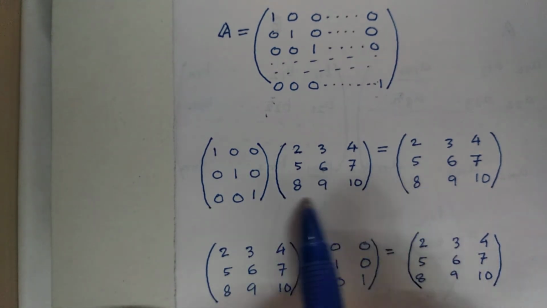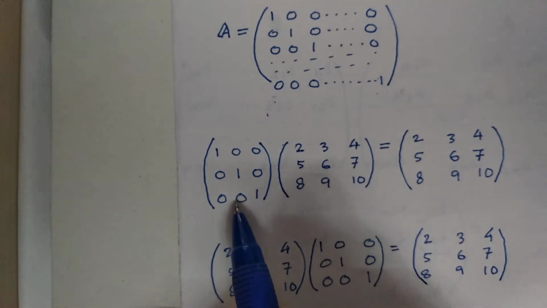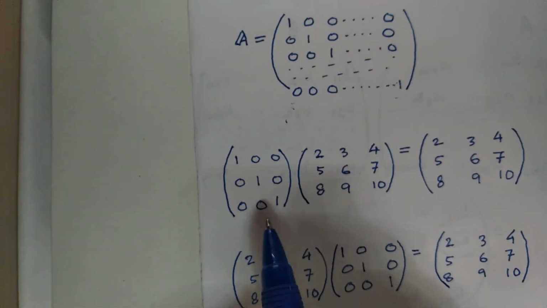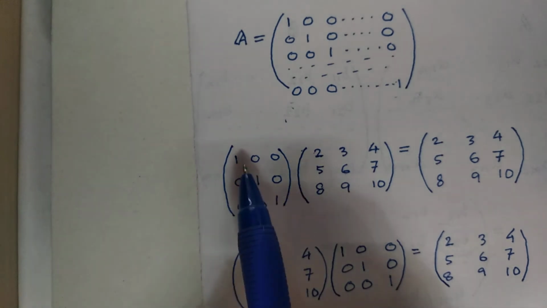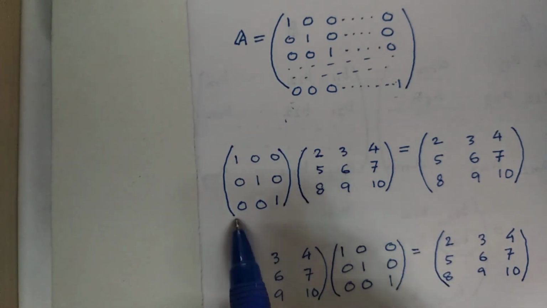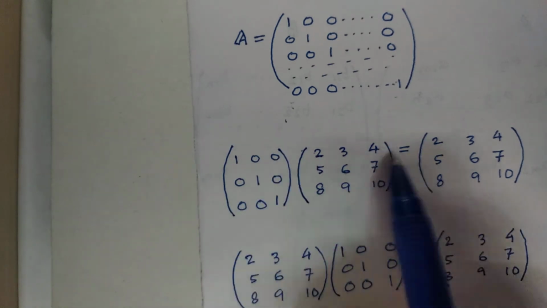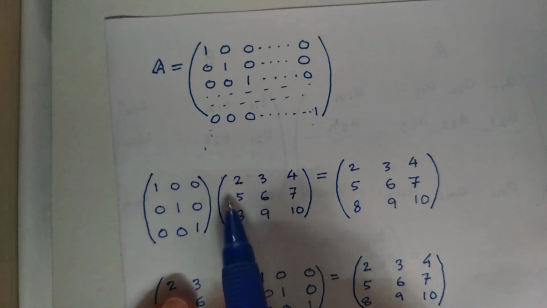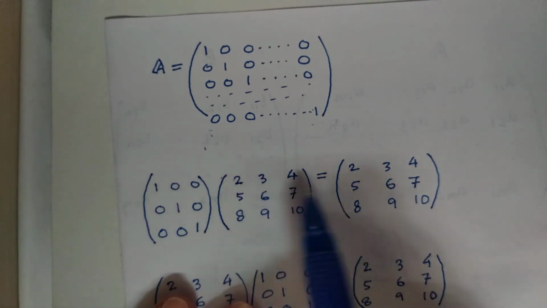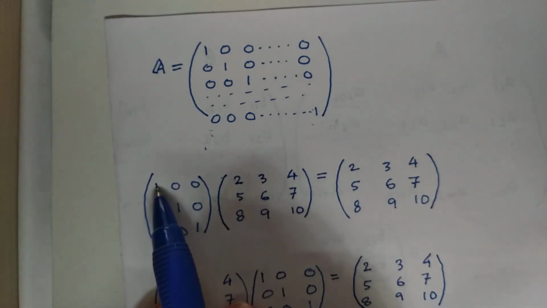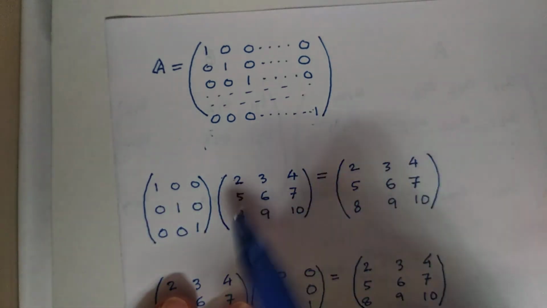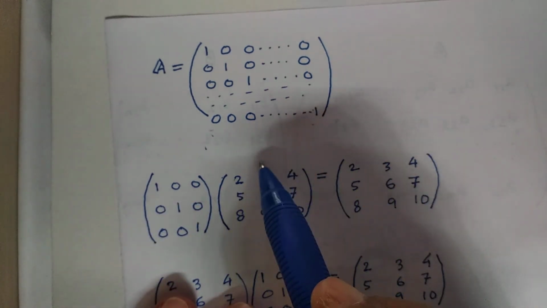We have taken an arbitrary 3 by 3 matrix and this is called a unit matrix, unit matrix of size 3 by 3: 1, 0, 0, 0, 1, 0, 0, 0, 1. If we actually carry out this matrix multiplication, we will find 1 into 2 plus 0 into 5 plus 0 into 8, that is 2 here. Similarly, 1 into 3 plus 0 into 6 plus 0 into 9 is 3. In this way, if we carry out the actual multiplication, we get this matrix back here.